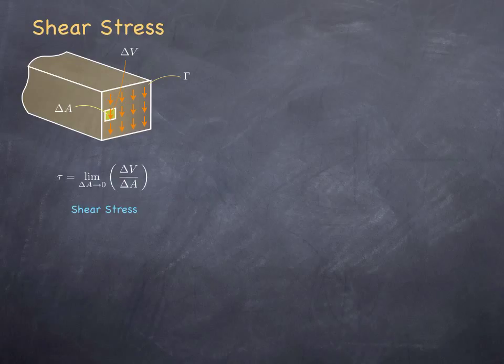So that's the point-wise definition of shear stresses, for which we generally use the label tau.